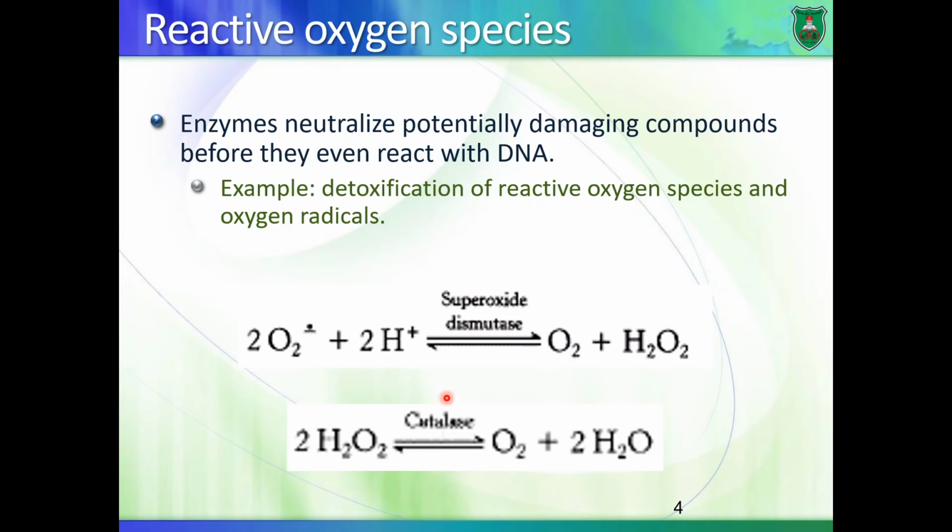So catalase catalyzes one of the fastest reactions in our body. Okay, so the thing is that once this oxygen radical steals the electron from whatever molecule, the other molecule is damaged.